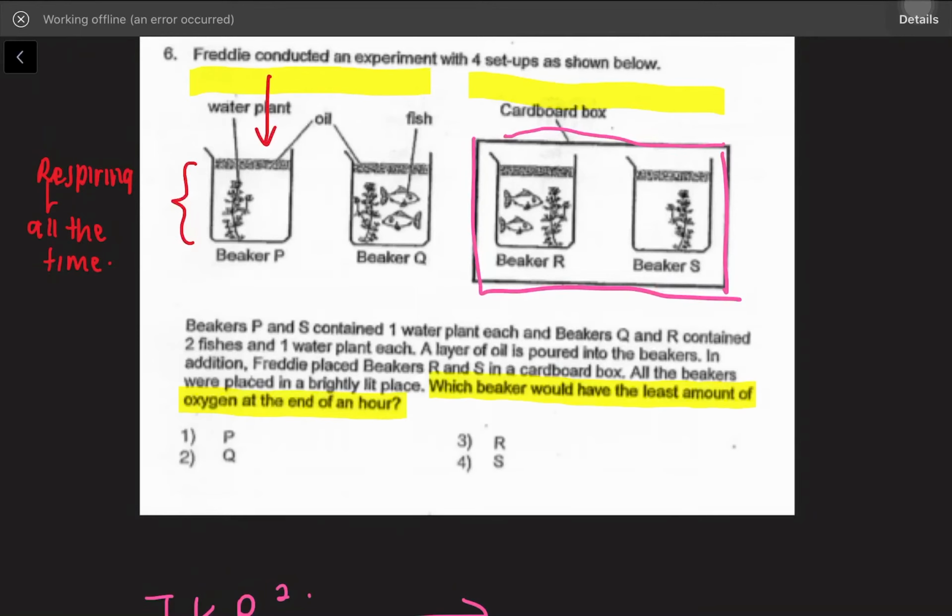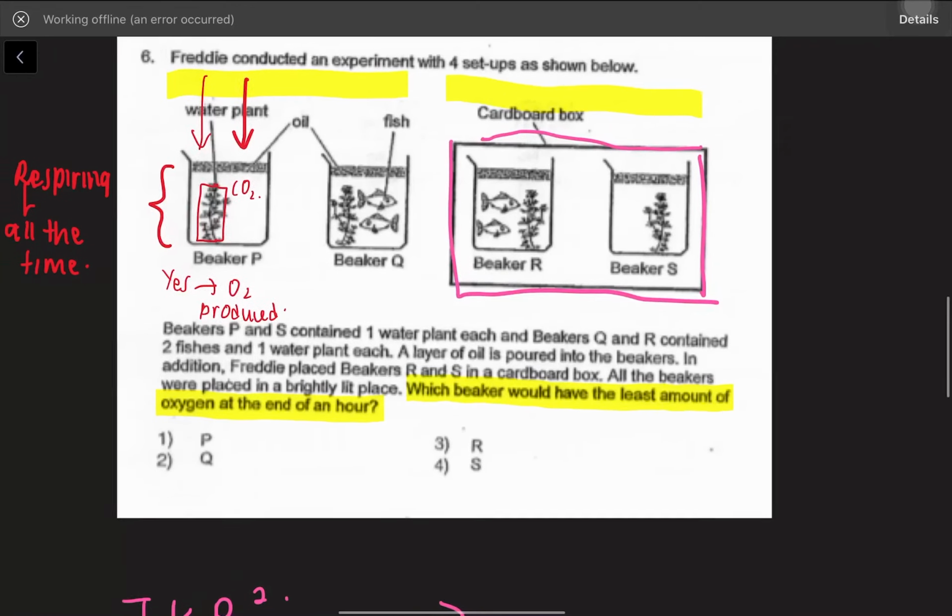There is CO2 in the water. So because there is light, is photosynthesis happening? Yes. So we have more O2 being produced. Okay? So only a single organism is using up the oxygen here.